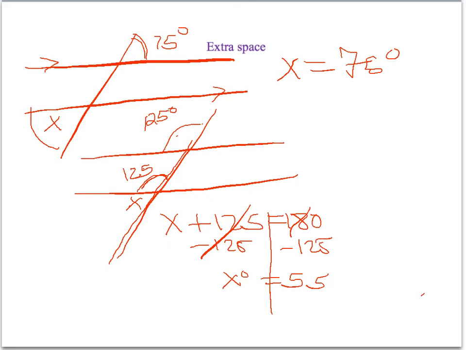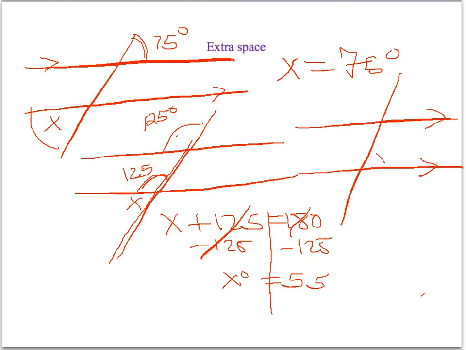These problems can become more challenging and throw in even more algebra. So here I have my parallel lines again. Let's say this time I know that this angle is X, and this angle is X plus 20.